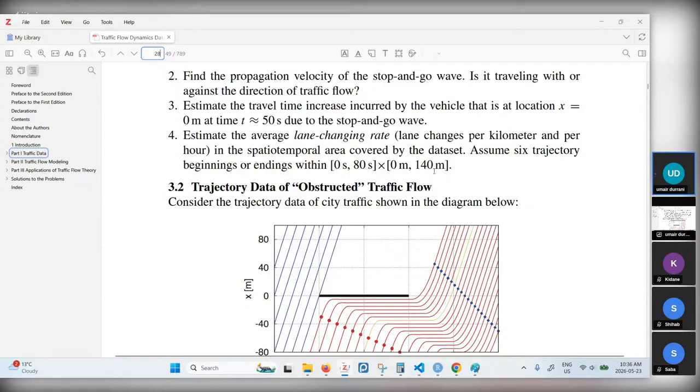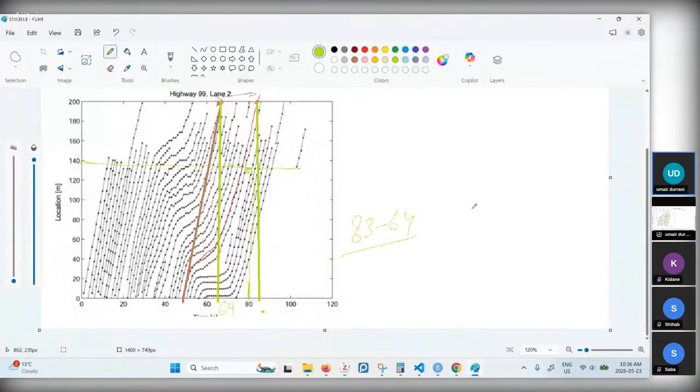So we have 80 by 140. So if we say six lane changes divided by 80 by 140, so this is the 80 seconds from 0 to 80 seconds and from 0 to 140 meters, that will give us the rate of lane change.